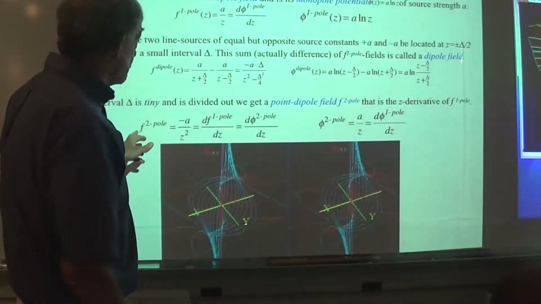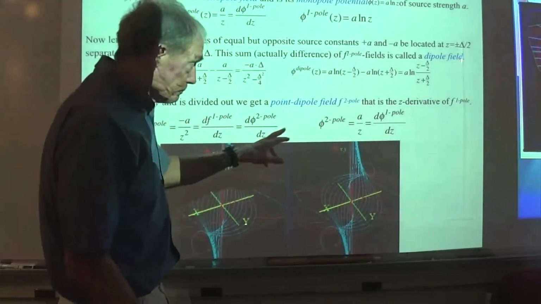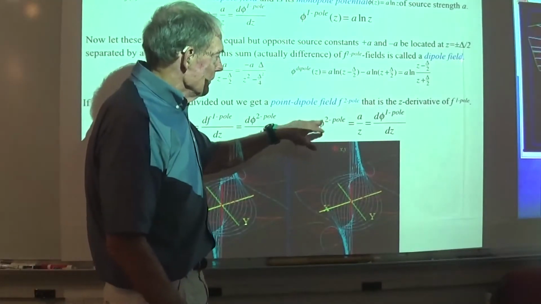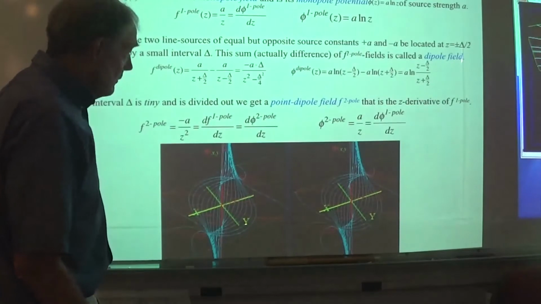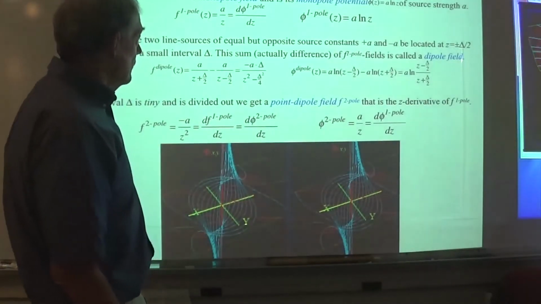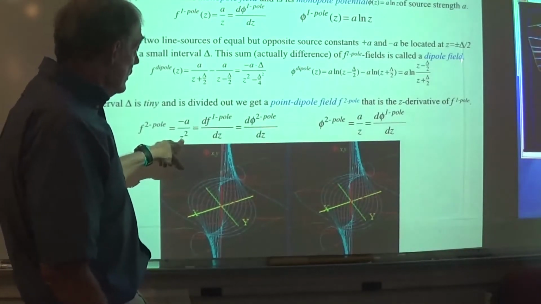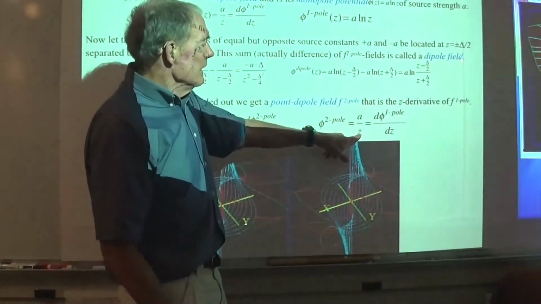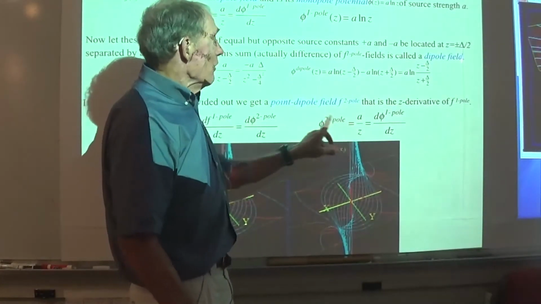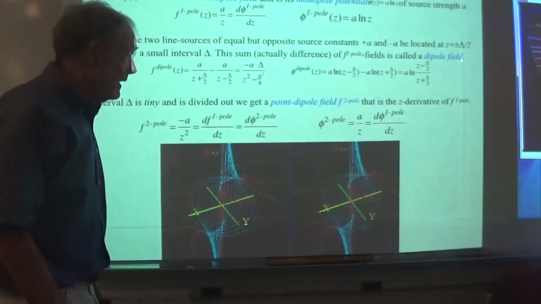And the integral of this, to integrate the force with respect to z, gives you a 1 over z for the potential. So the potential for this thing is that.